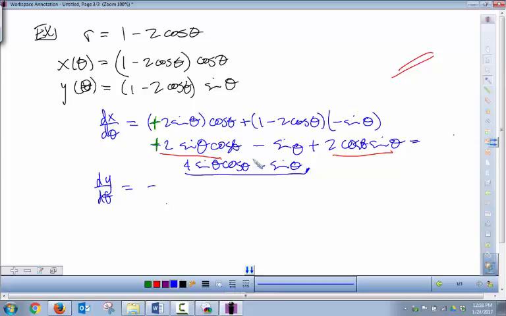All right, let's try it again. Derivative of y with respect to theta. So that's the derivative of the first. So derivative of cosine again is negative sine. Negative negative is a positive 2 sine theta. So it's the derivative of the first times the second plus the first times the derivative of the second.